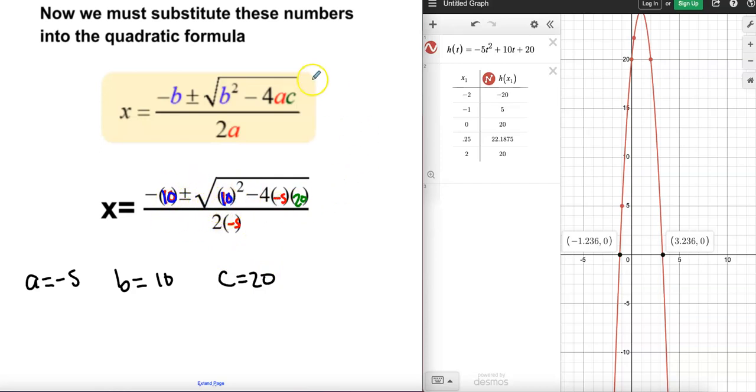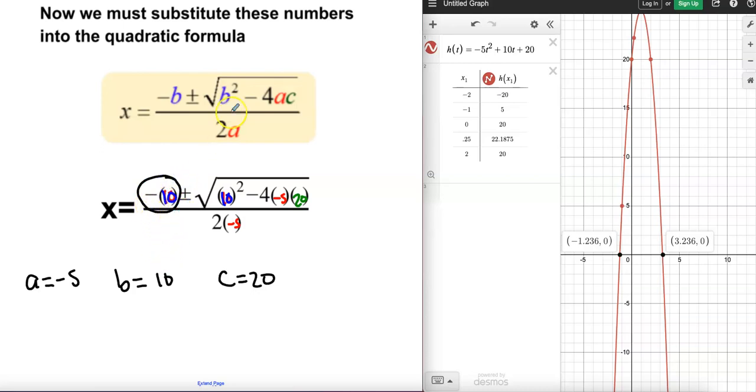All right, so next, once you substitute your values into the formula, we want to simplify this. Instead of taking all of this stuff along with me, I want to simplify it in sections. So quite naturally, you see how this says -10.